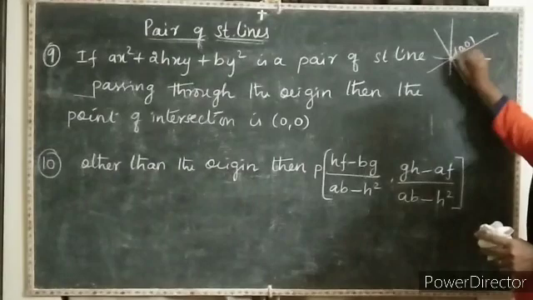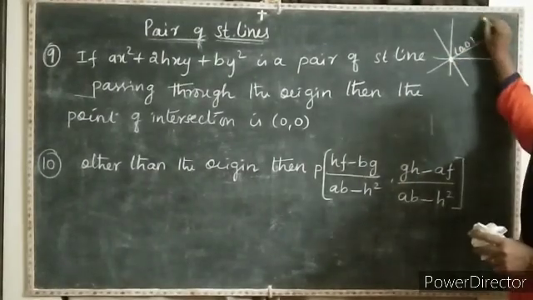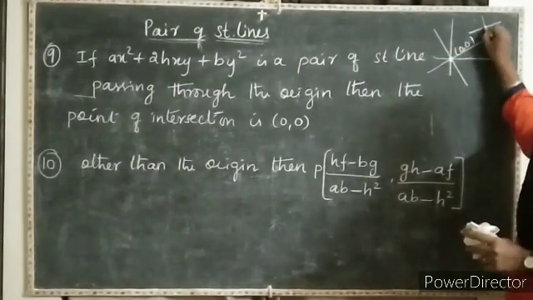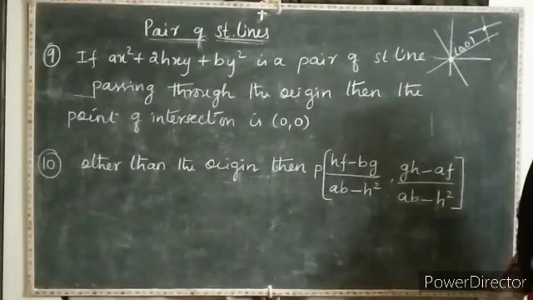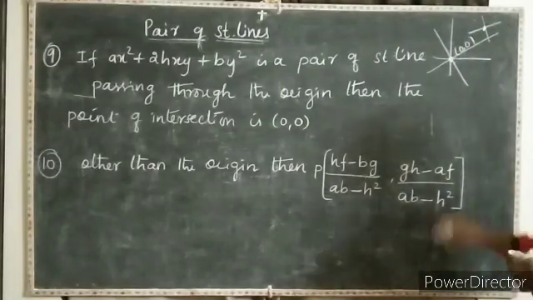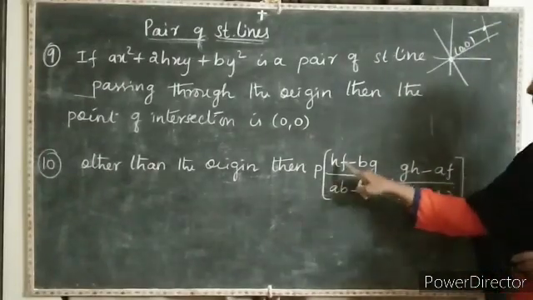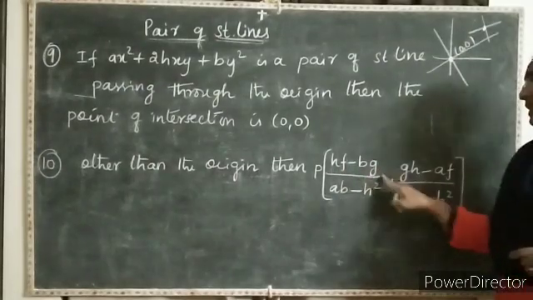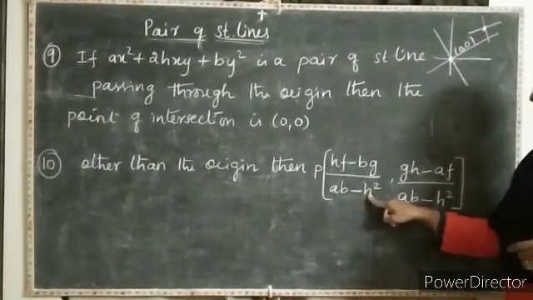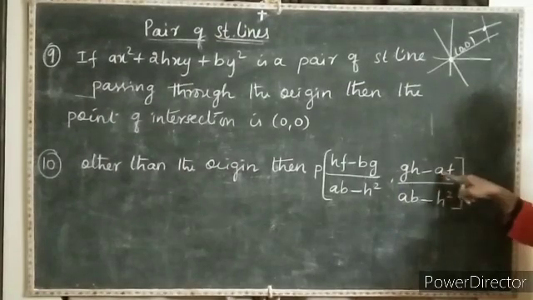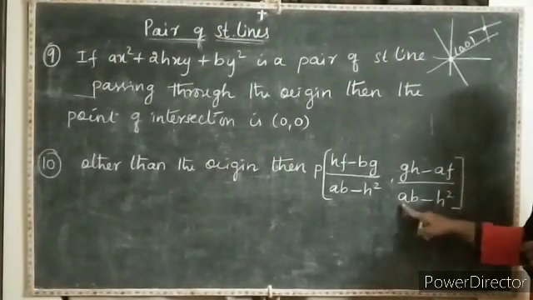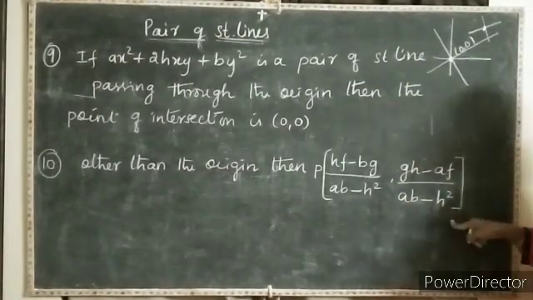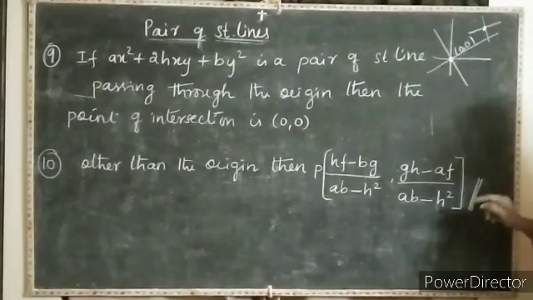Okay. If it doesn't pass through the origin, it passes through some other point, which means that the point of intersection can be found using the formula (HF minus BG divided by AB minus H squared, comma, GH minus AF divided by AB minus H squared). This is a very important formula.